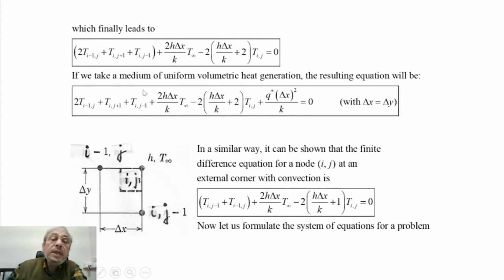And if the medium is such, that means the material is such, where a uniform volumetric heat source is present, then this equation can be further modified as twice T(i-1,j) plus T(i,j+1) plus T(i,j-1) plus twice H delta x by k into T infinity minus (2 times H delta x by k plus 2) into T(i,j) plus the volumetric heat source into delta x square by k equal to 0.